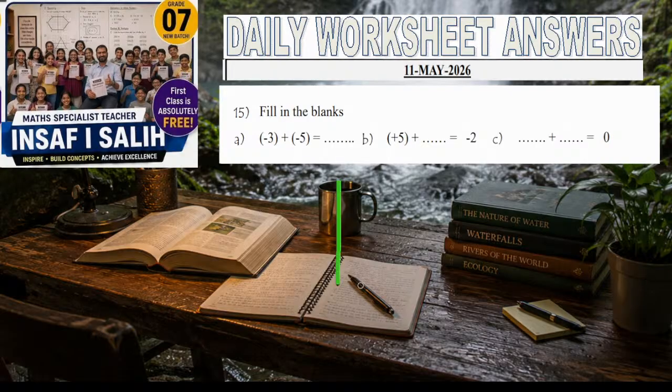In that basket, there were 5 positives. 1, 2, 3, 4, 5. But what has happened? Someone has gone into the basket and done something to these positives, and what's remaining in the basket? 2 negatives.